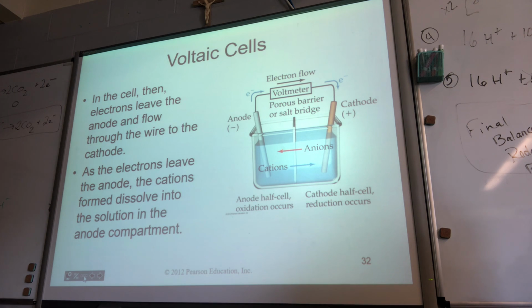All right. In a cell like this, one of the ways that we measure electron flow is what we call a voltmeter. That voltmeter just kind of gives us an idea of how many electrons are actually moving and how quickly they're moving.